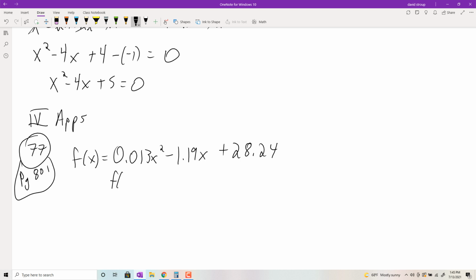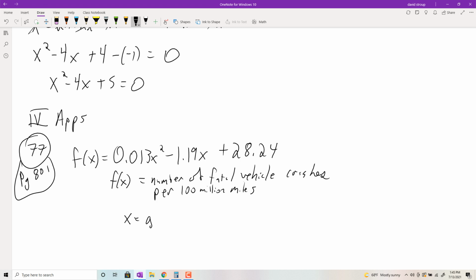And f of x represents the number of fatal vehicle crashes per 100 million miles, and x gives the age.